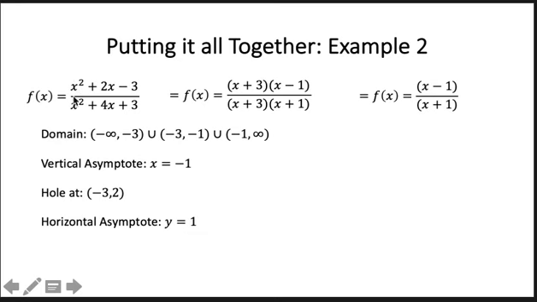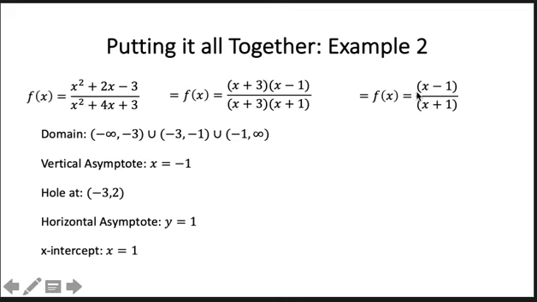The lead coefficients are 1 for the degree of the top and the degree of the bottom match. And the lead coefficients are 1 and 1. So y is equal to 1. And the x-intercept is x equals 1. The x-intercept comes from what makes the numerator 0.